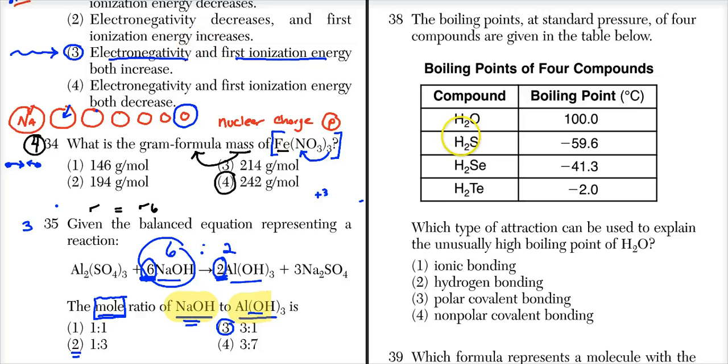Number 38: the boiling points at standard pressure of four compounds are given in the table below. Which type of attraction can be used to explain the unusually high boiling point of water?